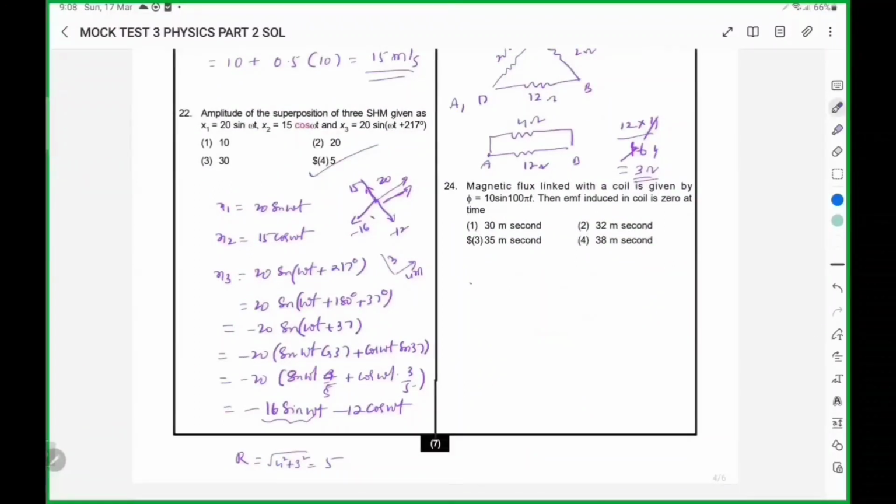So induced EMF is minus d phi by dt. So this one, which is minus 10 cos 100 pi t into 100 pi, should be 0. Cos of 100 pi t is 0.